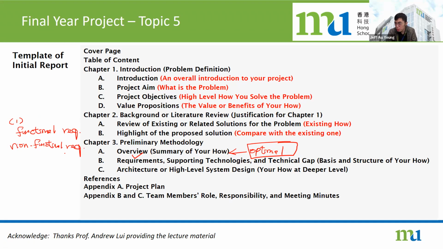I think software engineering already talked about what is functional requirement and what is non-functional requirement. So functional requirement is really the function your project, your system can do. Non-functional requirement means, for example, the speed, security, or the robustness of your systems.